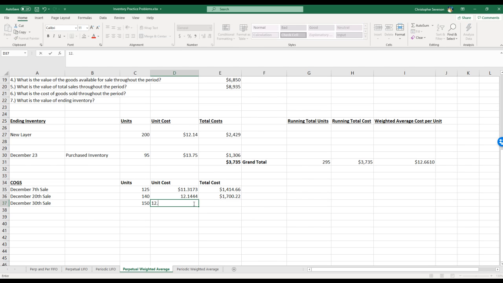That becomes our cost per unit. And we can get the new cost there as well.